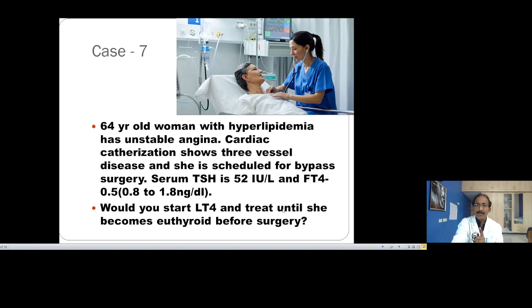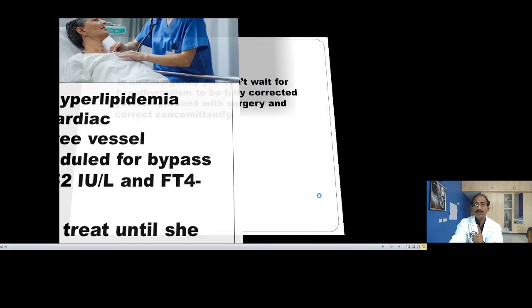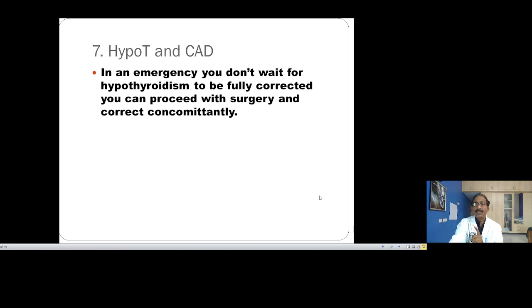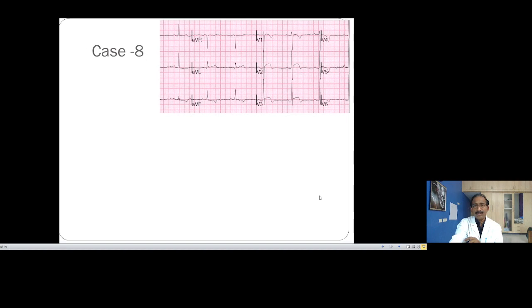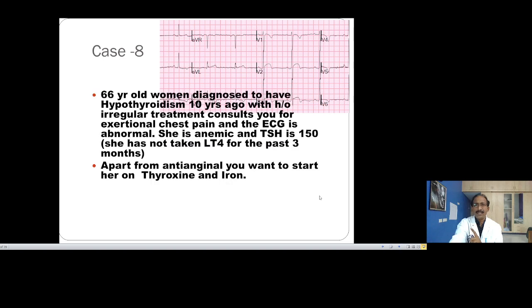So, even though the TSH is high, in the cardiac setting you have to start with a low dose, and you cannot correct TSH very easily. It may take time, but before that, the patient has to go for surgery. The anesthetist will take a little risk. Of course, hypothyroidism may not behave badly in surgery, unlike hyperthyroidism, which may do very badly.